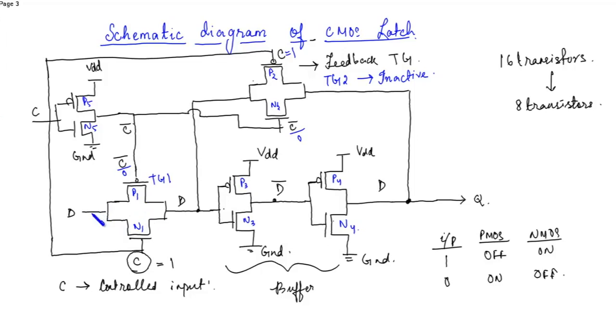So this input D will be seen in the output. When this passes over the 2 inverters, you'll get output as D. So the value of Q becomes D. So when C becomes 0, then C bar will be equal to 1.